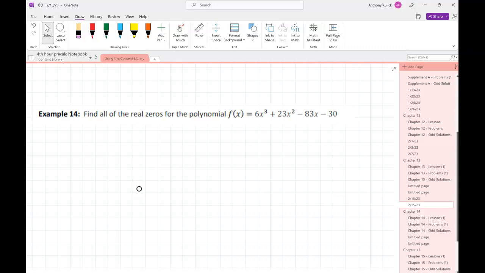All right. So here, this is where we've been heading, right? We have a question that asks us to find all the real zeros for some polynomial. Clearly, looking at this, there's no greatest common factor. There's no sneaky factoring I can do to do this algebraically. Otherwise, we're going to have to piece together some of the ideas that we've had. Since we're looking for zeros, my first step would be to replace f of x with a 0.